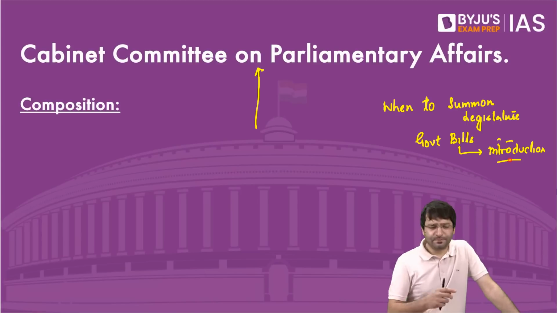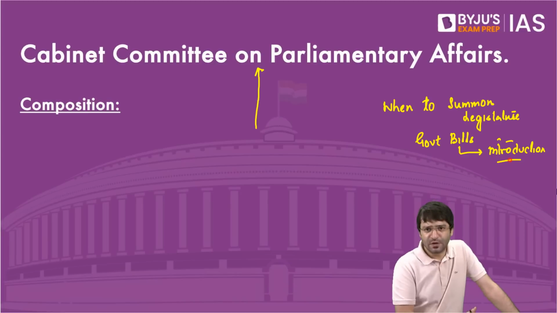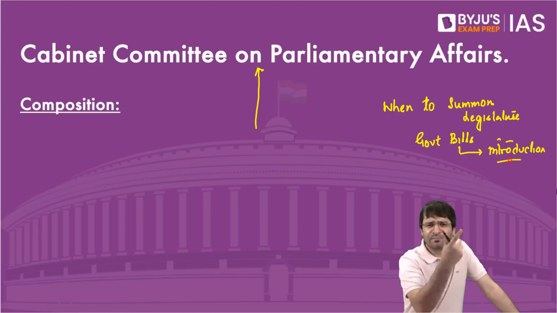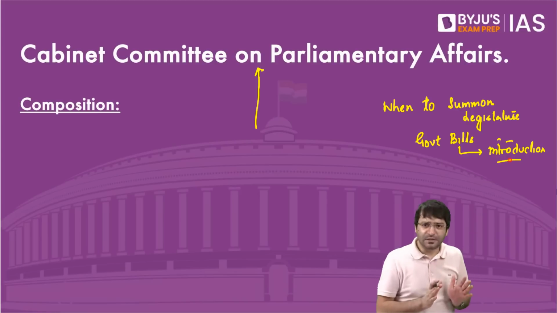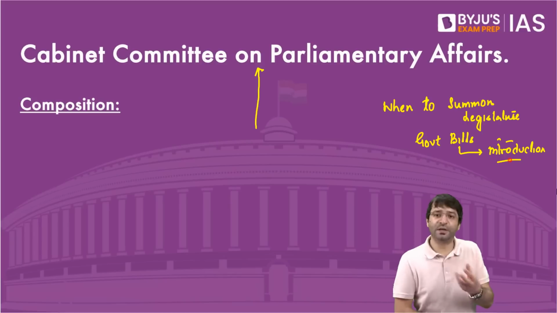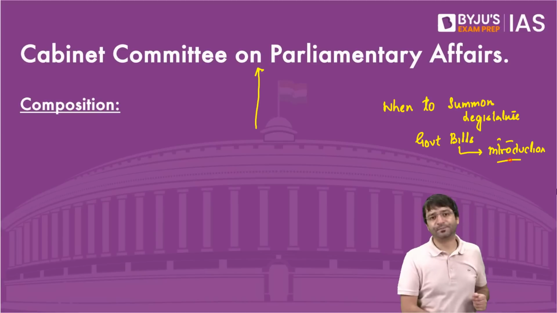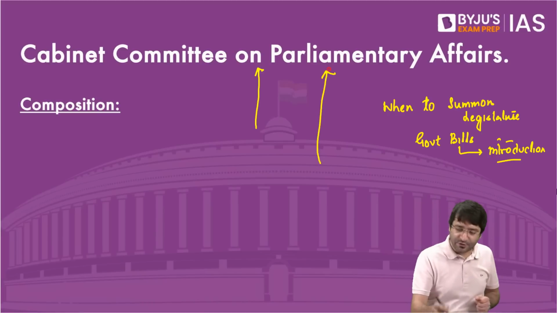For example, the government decides tomorrow that we should amend the Unlawful Activities Act, or the Prevention of Money Laundering Act, or all these important laws. This is going to be government business. That means all these bills will be government bills, introduced by the minister, not by a private member. Who decides this matter? The Cabinet Committee on Parliamentary Affairs.